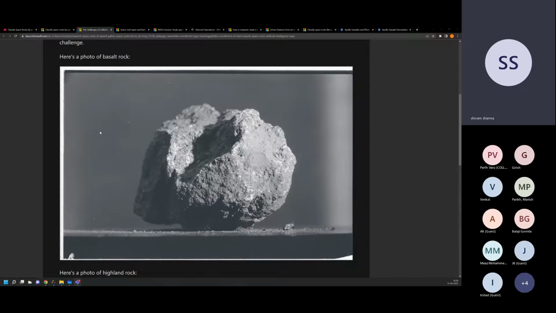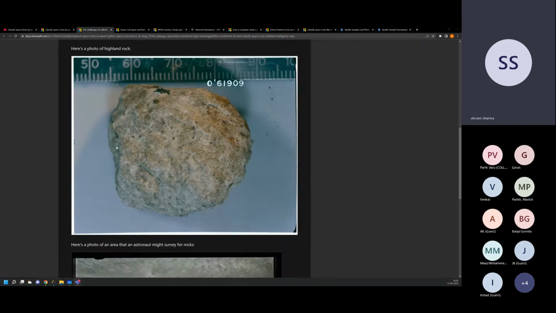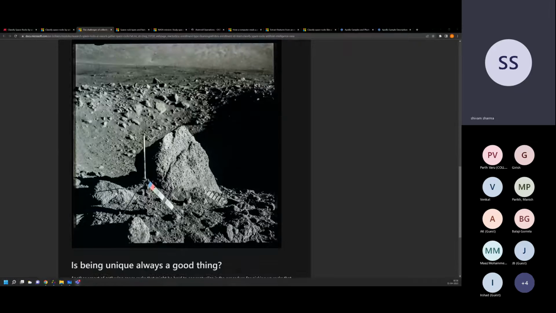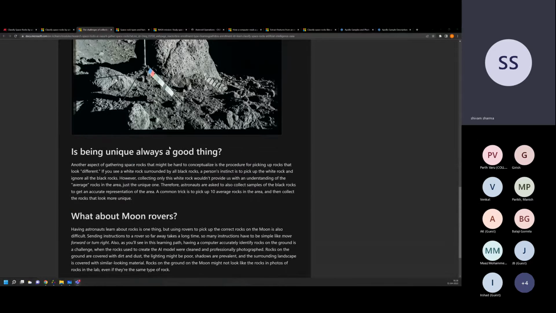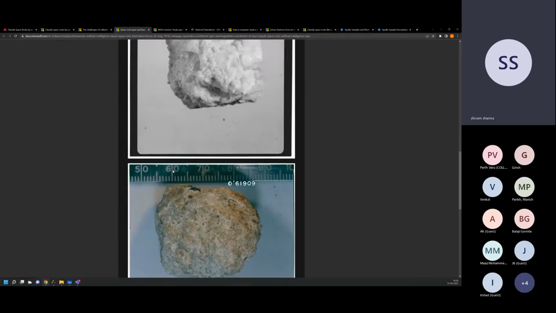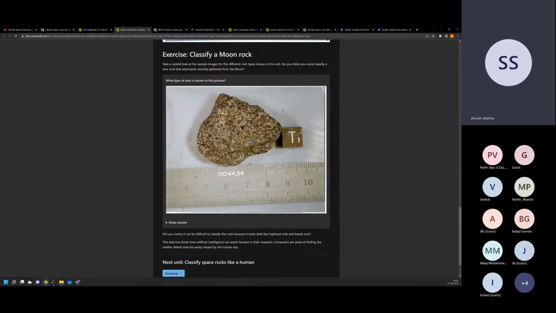So this is how the basalt rock looks, and this is how the highland rock looks. This is one image they have taken. If I take you further, some other images are here. Now here there is one question: what type of rock does this look like?